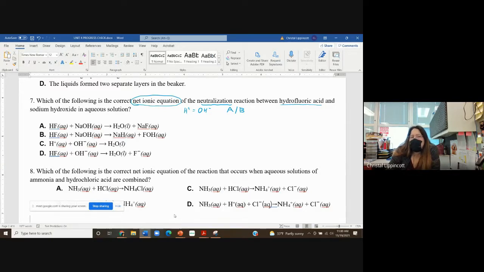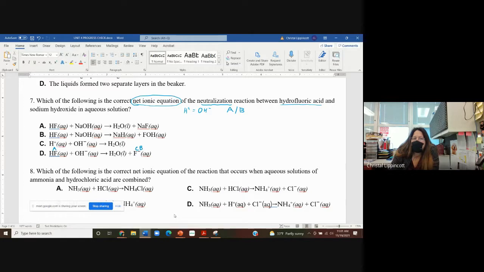Yep, and it's not reacting, it's not doing anything. So you want to find the stuff that ends up being your acid and base when you're doing this. So for this, you've got your H here, HF. This is going to be your acid on this side, making this your conjugate base.